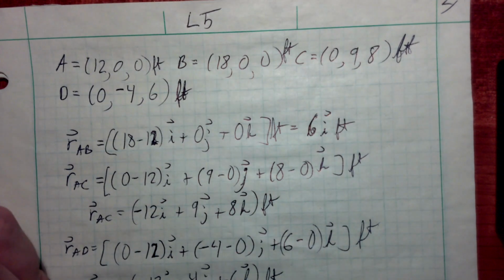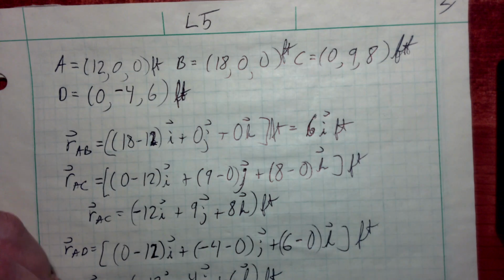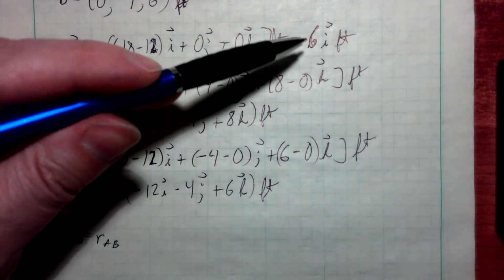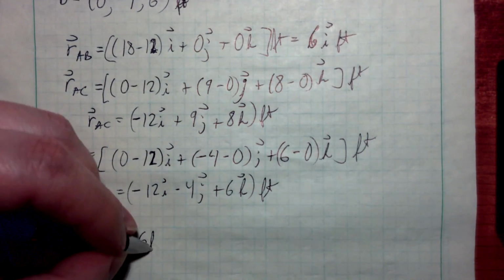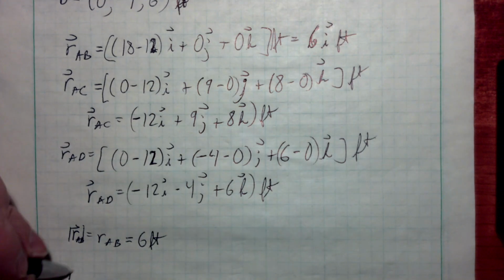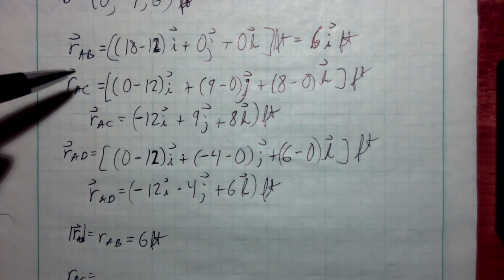Okay, so the magnitude of AB, that's pretty easy. Just simply RAB. Oh, sorry. AB is 6 in the i direction, so RAB is just simply 6 feet. There we go. RAC, this one we're actually going to have to do math.